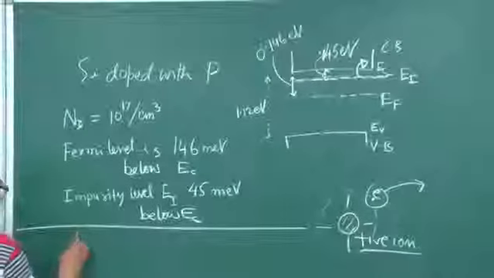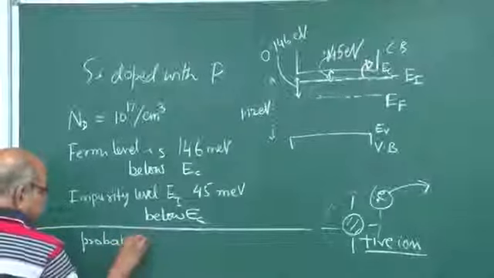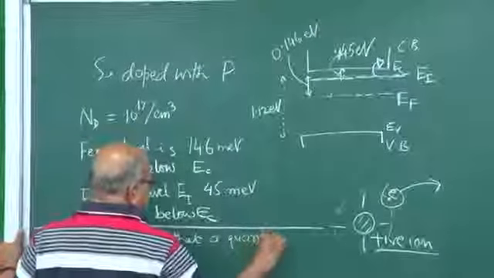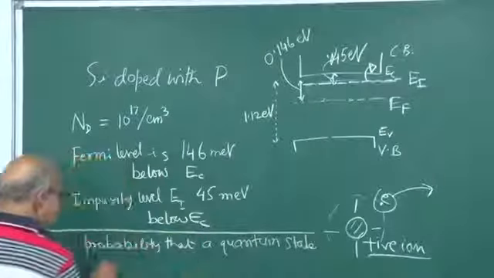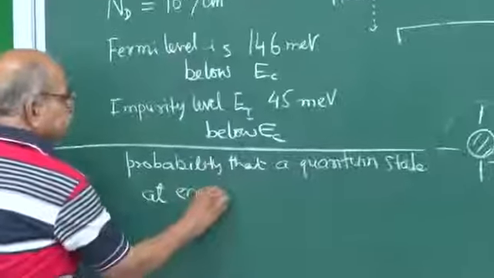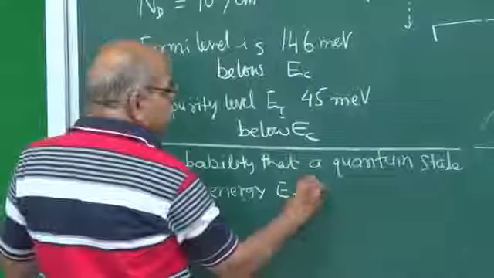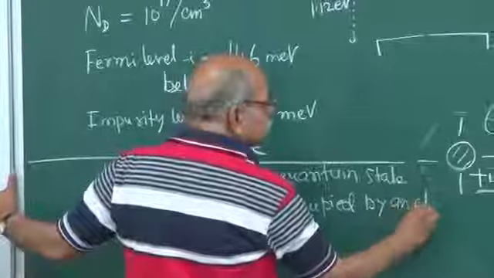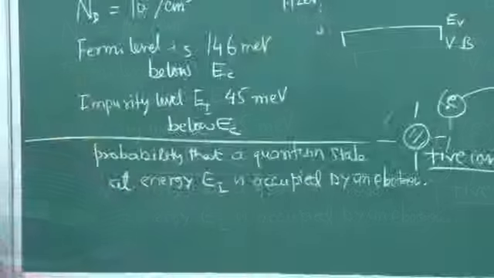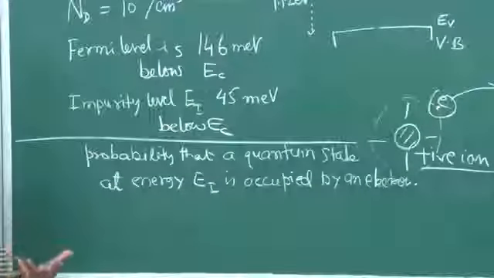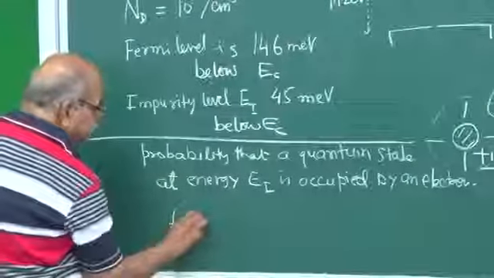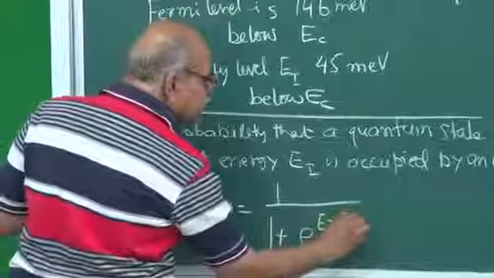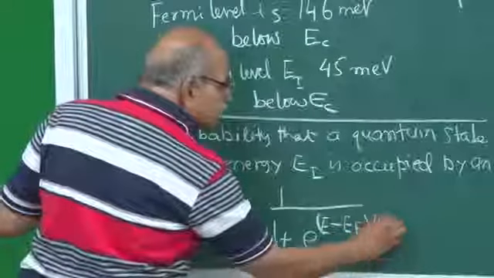So the probability that a quantum state at energy EI is occupied by an electron will be given by that Fermi function f of E, which is 1 divided by 1 plus e power (E minus EF) over kT.